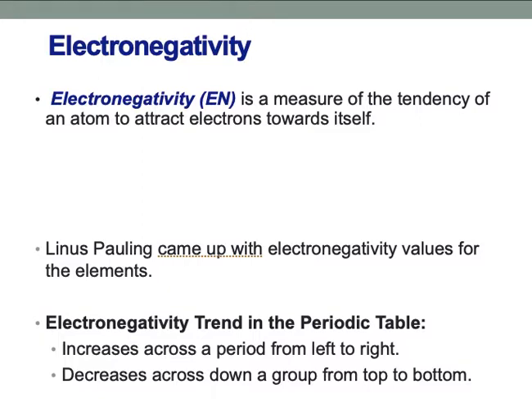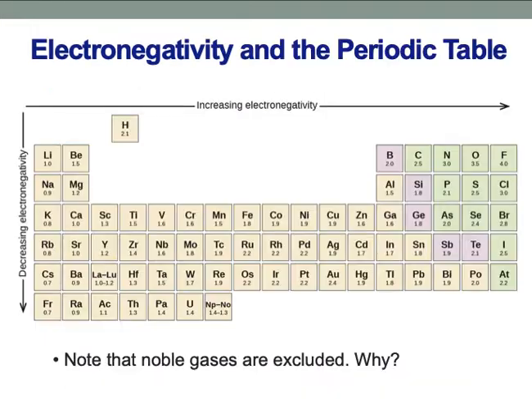And it decreases as we go down a group from top to bottom, or it increases from the bottom to the top. And so here's a chart showing that, and it also has the electronegativity values on there. Noble gases are not shown. Why would that be? I think it comes back to the electronegativity explanation or definition.